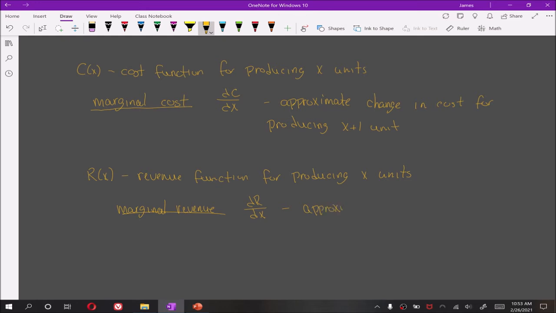And this is an approximate change in revenue for selling the x plus 1 unit. So when you're already selling x units, marginal revenue gives you an approximate extra revenue, either positive or negative, right? So either a gain in revenue or a loss in revenue for selling that x plus first unit.